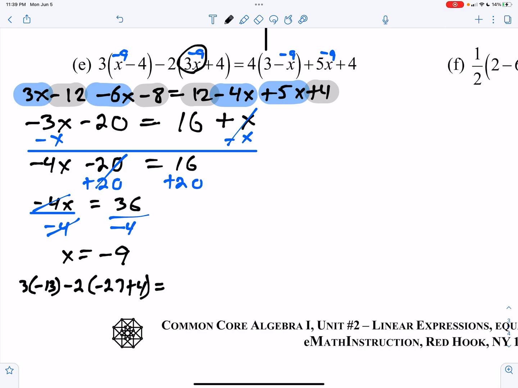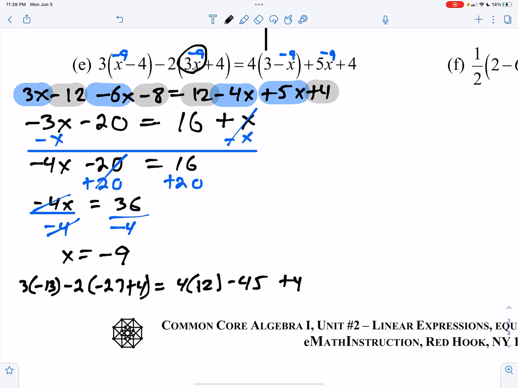Okay, and then on this side, we're going to go 3 minus a -9. Now, minus a minus is a plus. So that would be 4 times 3 plus 9, or 12. Plus, and then here we're going to go 5 times a -9, which is -45. So plus a negative is just minus, so minus 45.